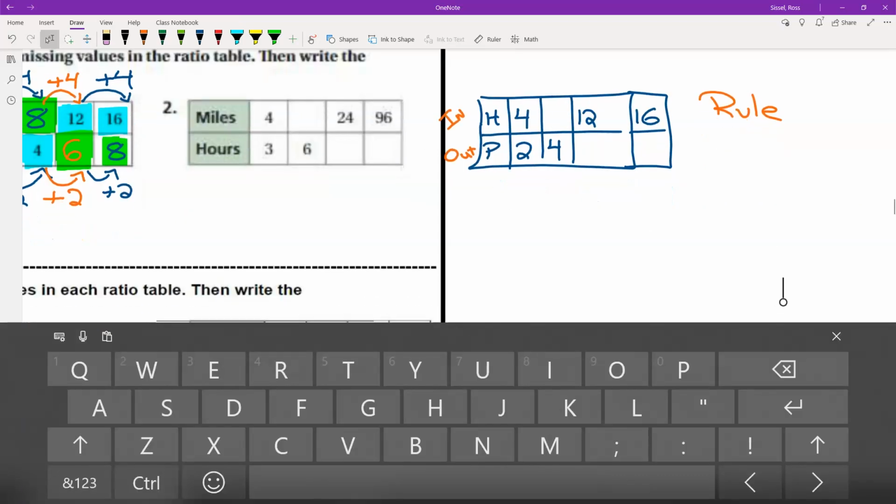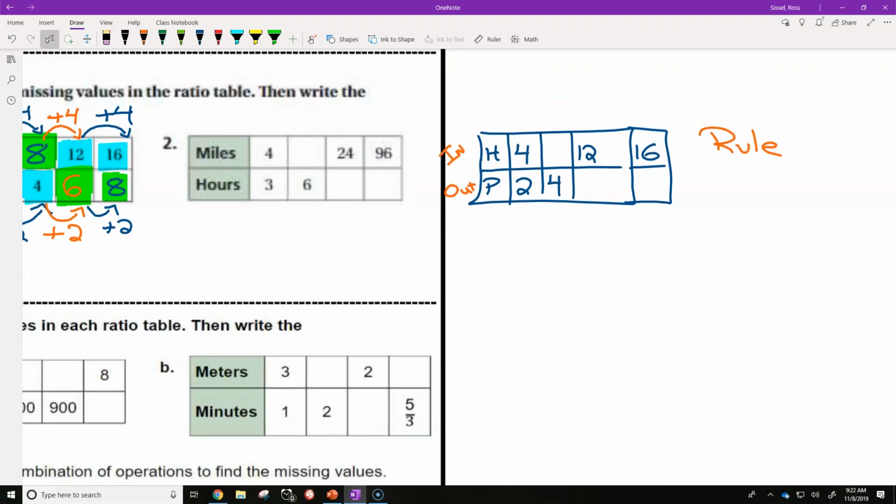Okay, if I put 4 in and 2 came out, what was my rule? What did I do to it? Did I multiply it or did I divide it? Divided. So what did I divide by? 2. Okay. So 4 goes in, 2 came out.